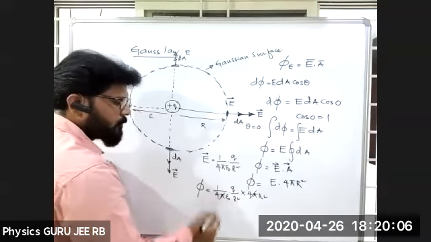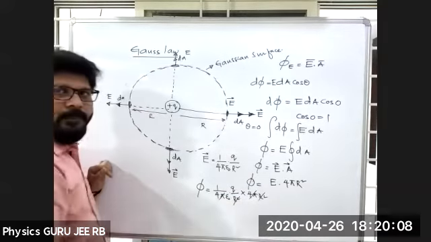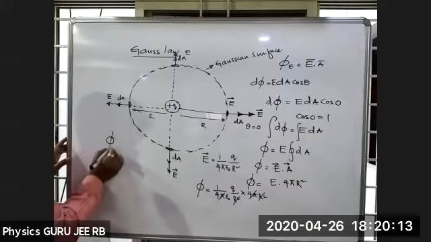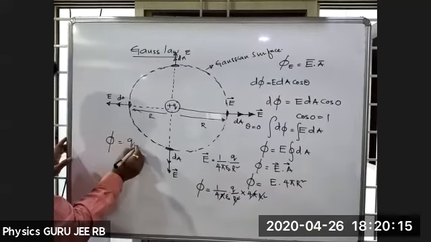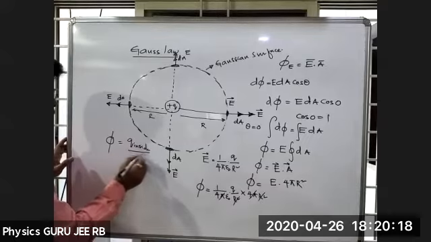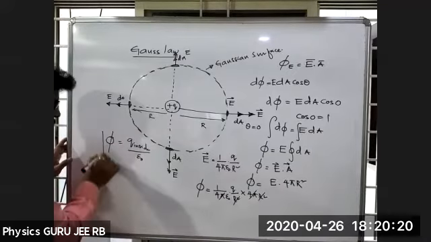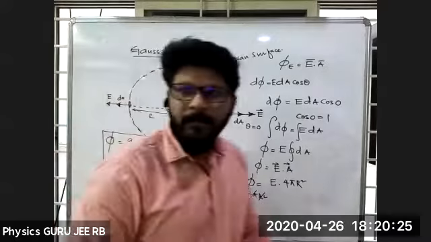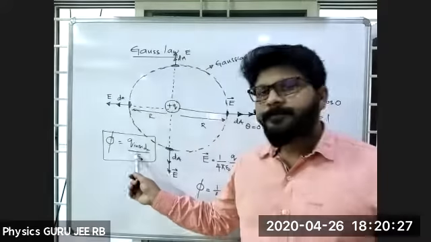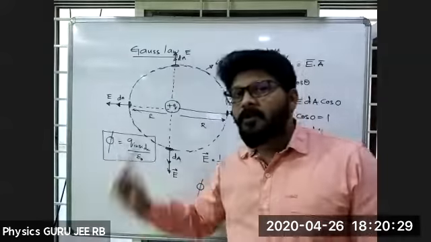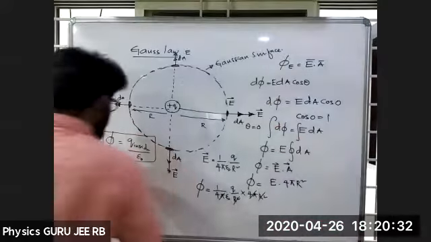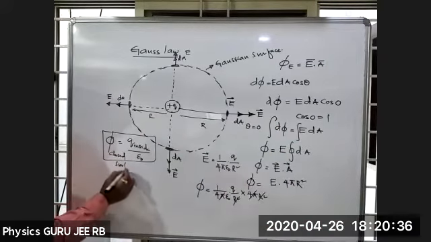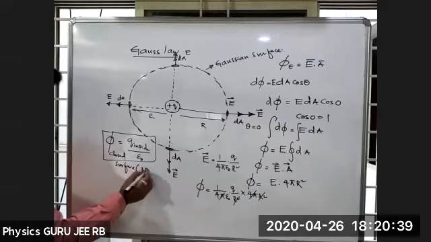So 4 pi cancels, R square cancels. So what we are getting now is flux phi equals Q inside the surface divided by epsilon naught. This is nothing but Gauss law. This is the flux through the closed surface, or we can say it is nothing but a three dimensional surface.